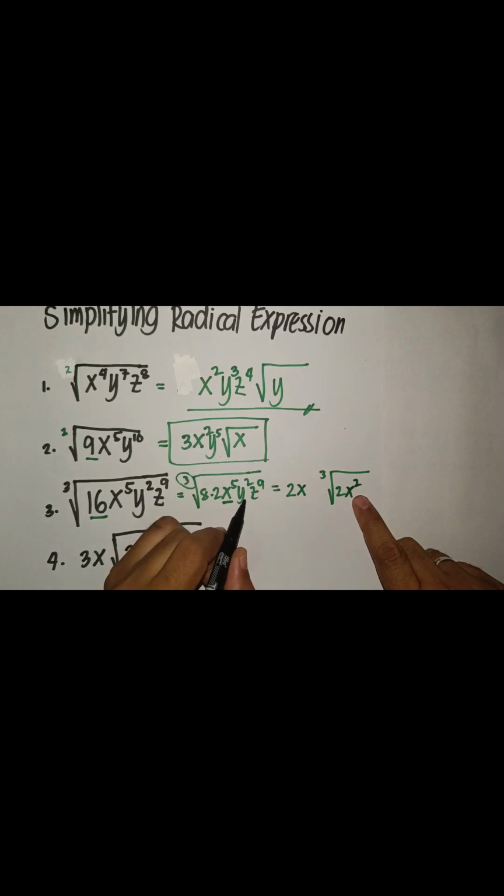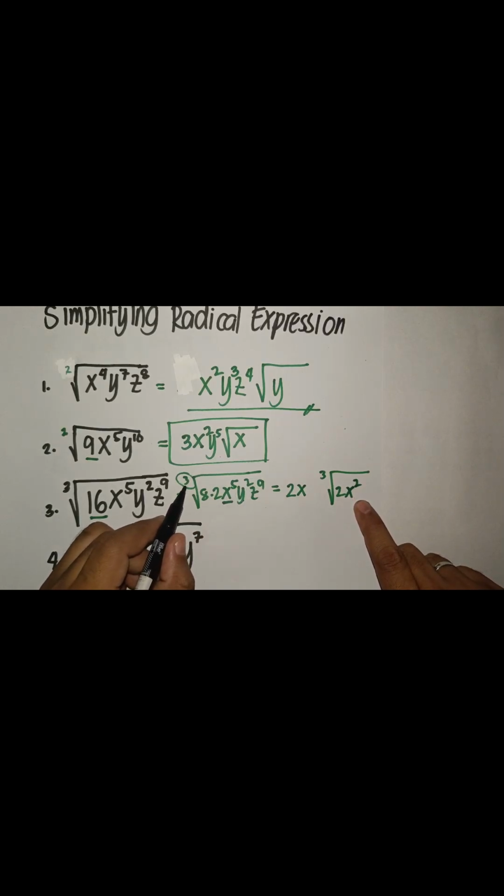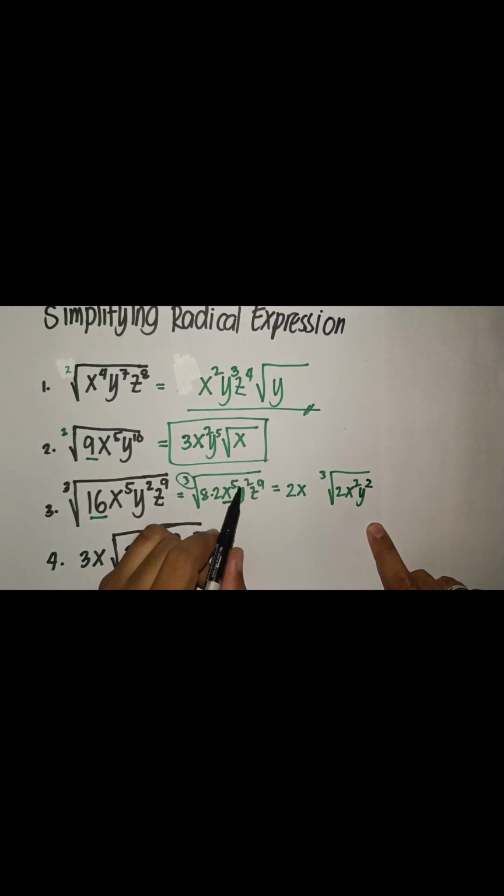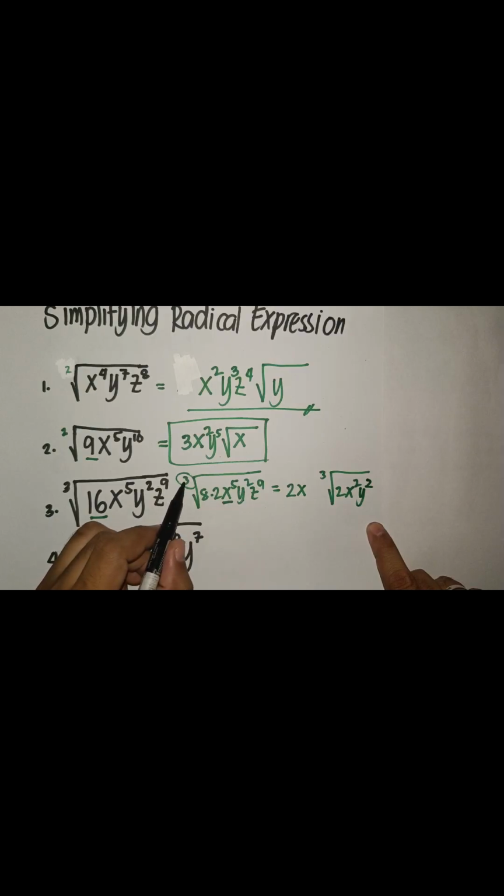Next is y squared. 2 cannot be divided by 3, therefore just copy. Or if the exponent of the variable inside the radicand is less than the index, just copy it or let it remain.